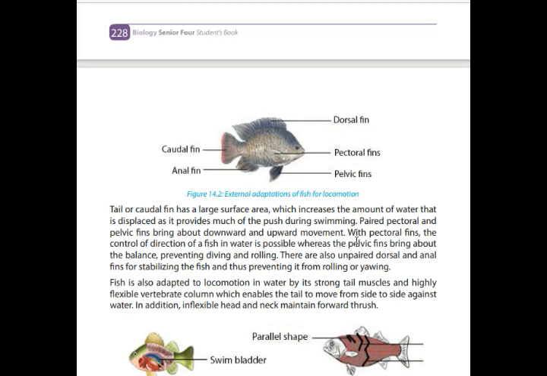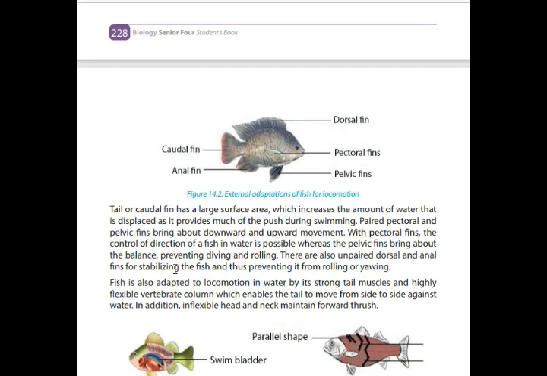You see, the fish has a paired dorsal fin and anal fin for stabilizing the fish and thus preventing it from rolling or yawing. Yes, rolling or yawing. You see those prevent rolling or rotation.